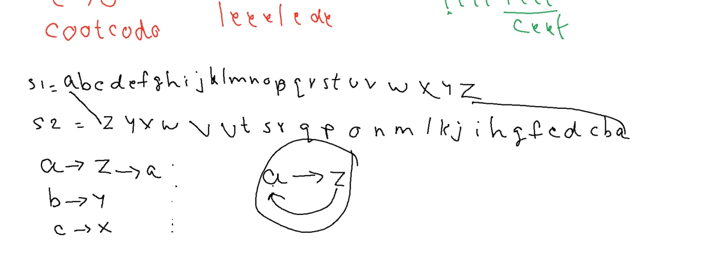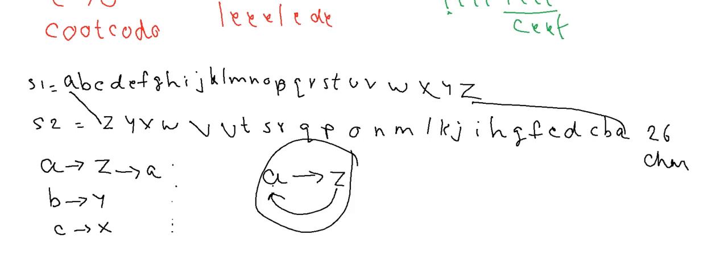Now what we are given is, I think the strings will have lowercase English alphabet from A to Z. So now this string has all 26 characters, and we don't have any extra character to break the cycle.